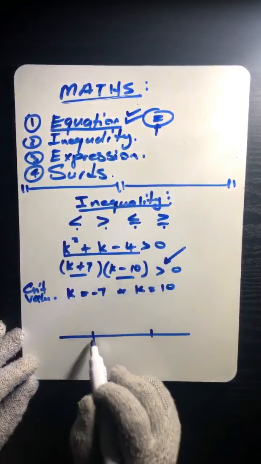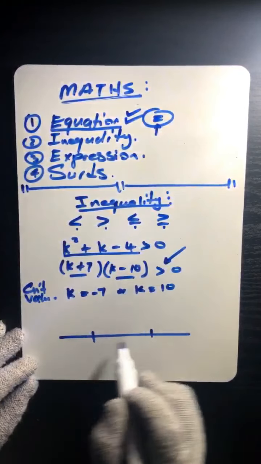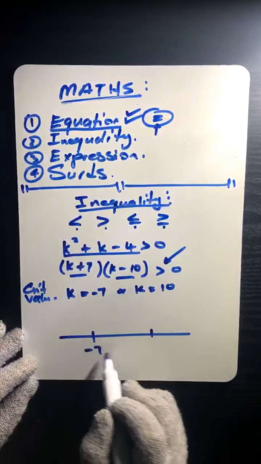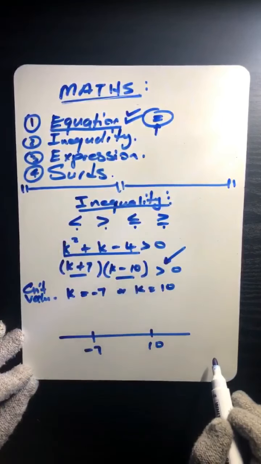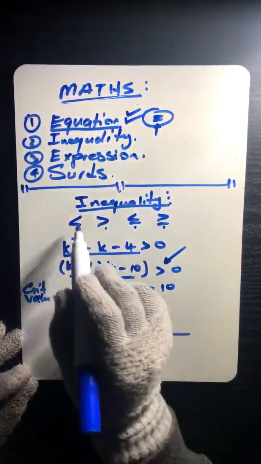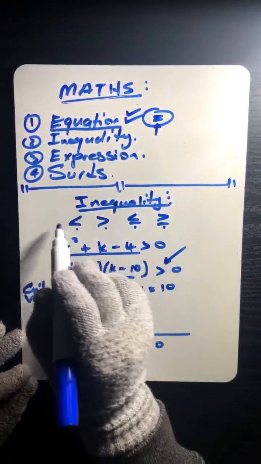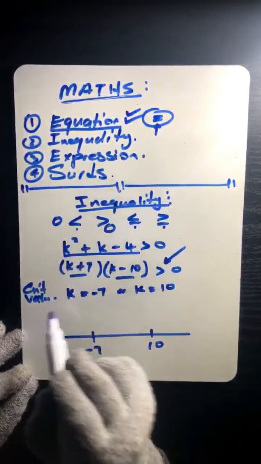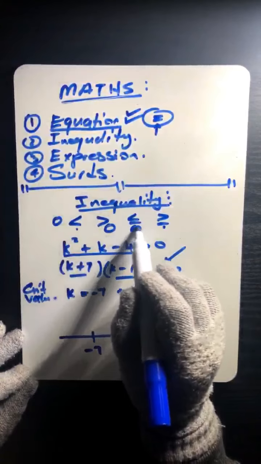Yes. Which one comes first? Negative 7. Negative 7, and then you have 10 over there, isn't it? Yes. So, if you have greater than, it is just a circle which is unshaded. If it's less than, it is just a circle.